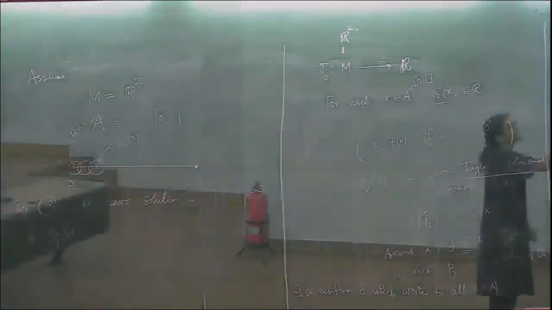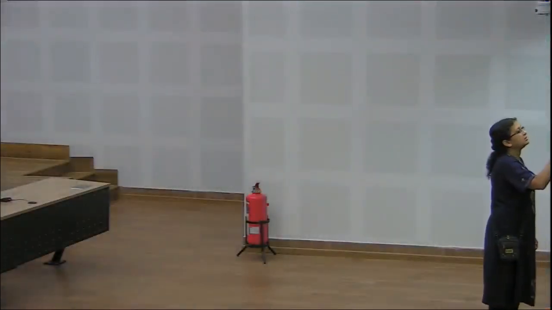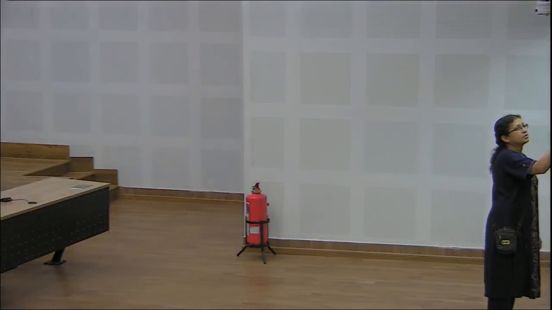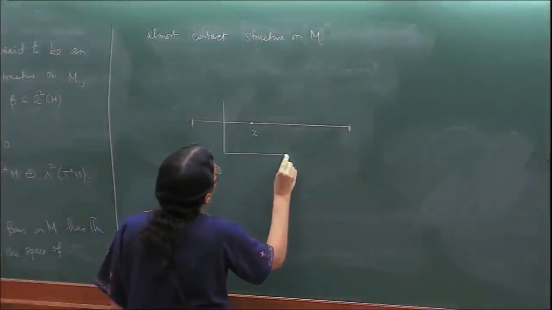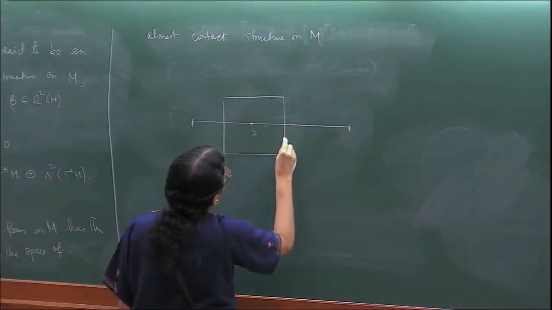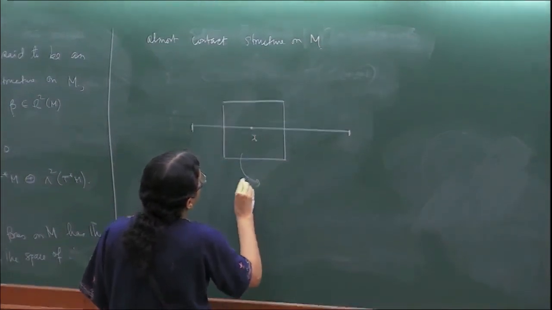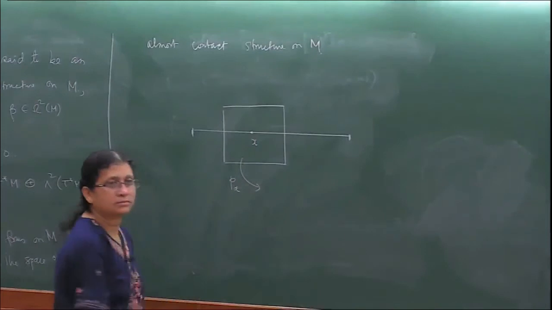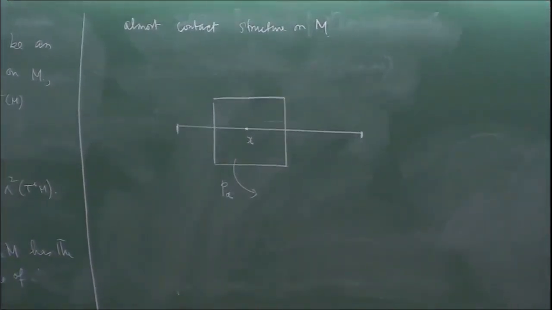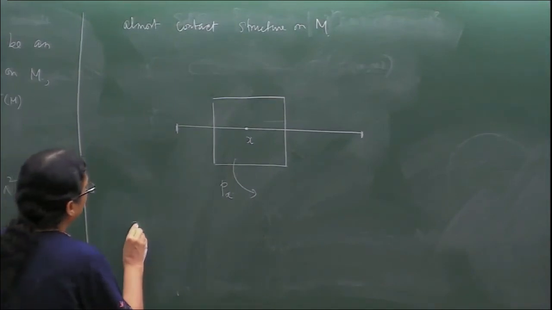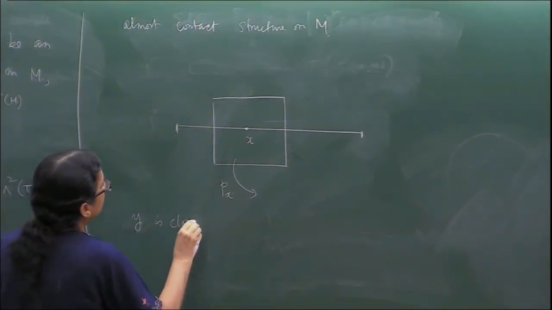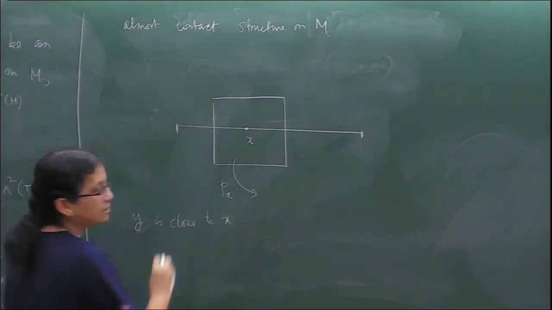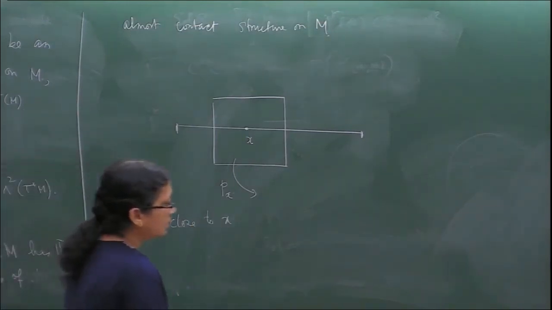So I will draw everything in squares. That is easier. Okay. So suppose this is a point X, and suppose you have got a solution. This is Px. You have got a local solution on this. Now, if y is close to x, then what happens?